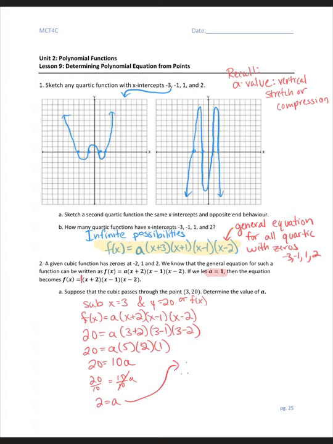So we can say, therefore, f of x equals, and in place of our a now, we're going to put a 2. And then we will list all of our factors. And that is the equation that represents a cubic function that has those zeros, but also passes through that point (3, 20).